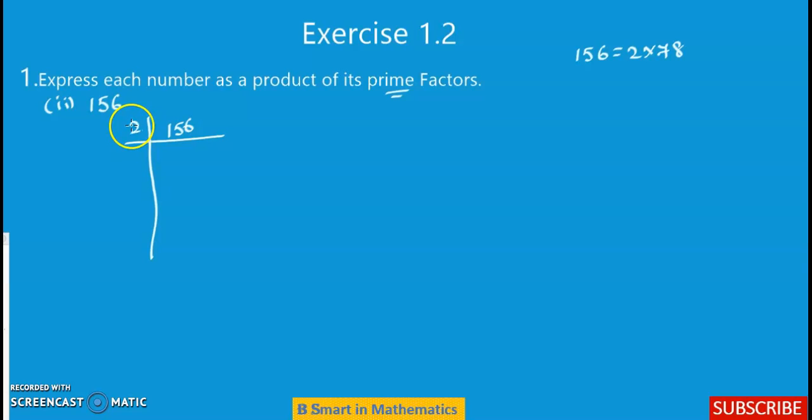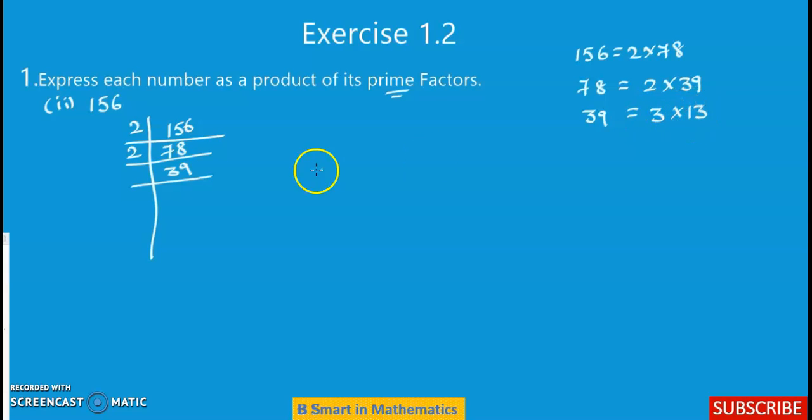So you have to write the prime number 2 here, write 78 here. Now again 78 can be written as 2 into 39. You have to write the prime number 2 and you have to write 39 here. Now 39 will not go in the second table, so you have to use 3. 39 can be written as 3 into 13.